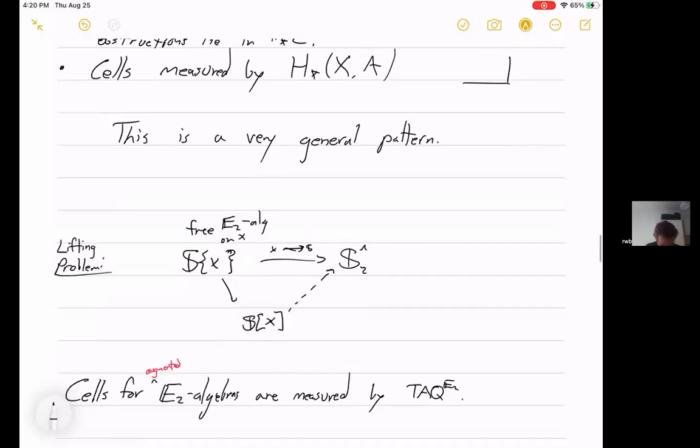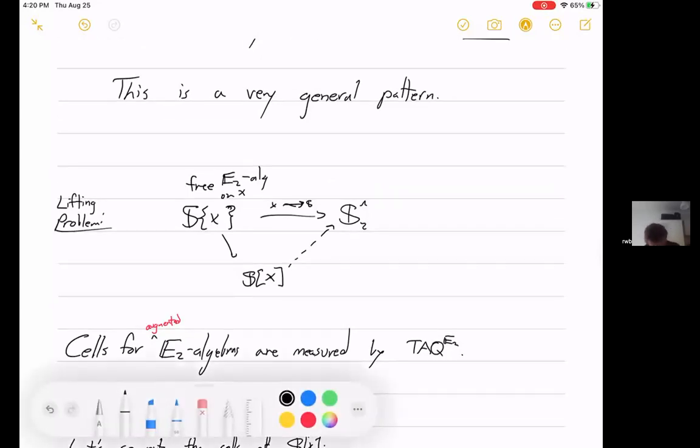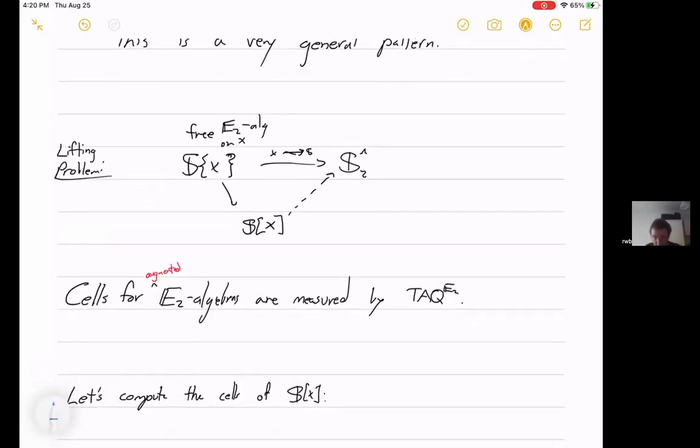Now, the next thing is we need to measure the relative cells here. Cells for augmented E2 algebras are measured by the E2 cotangent homology, or AQ. That sounds quite complicated, but it does have a nice, pretty simple formula. It is computed by a double bar.